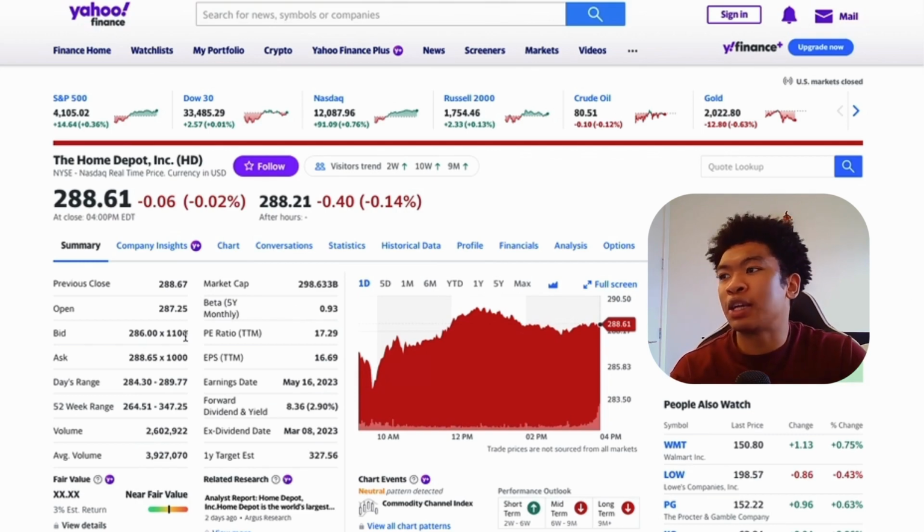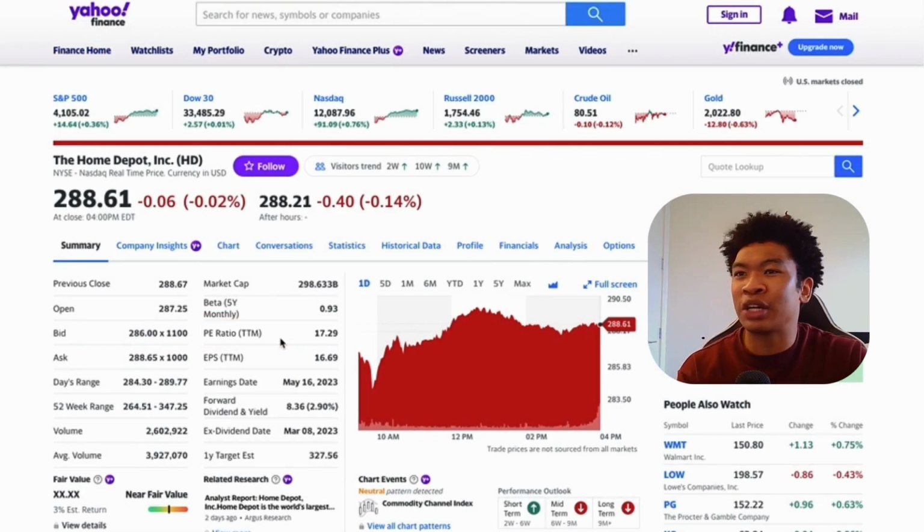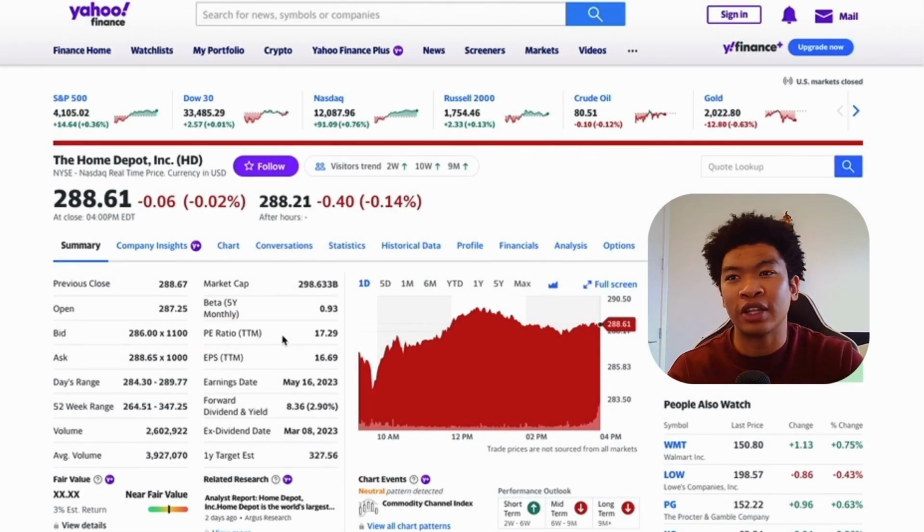Now, moving on, next up we have the PE ratio, which stands for the price to earnings ratio. I consider this more of an intermediate level metric, but since I hear this talked about so often, I'll touch on this quickly. The PE ratio is meant to measure how much the market values a company relative to how much that company makes in profit.